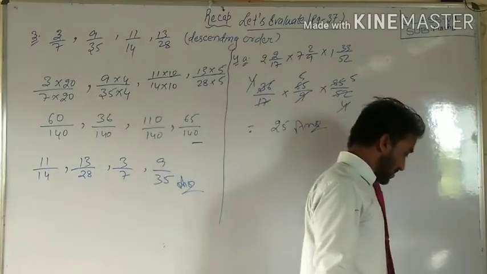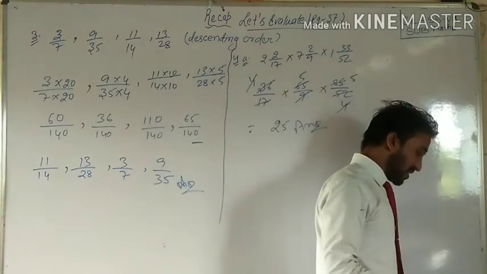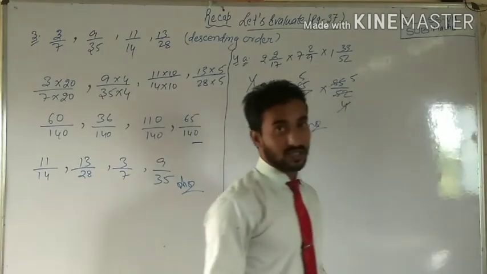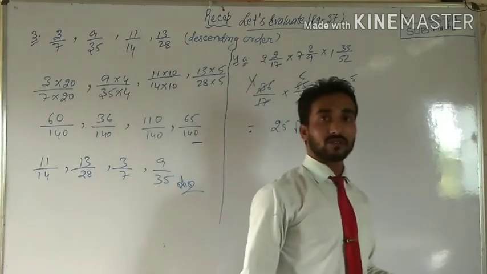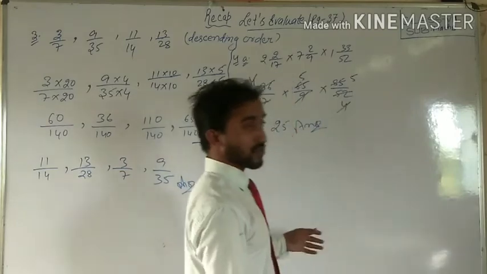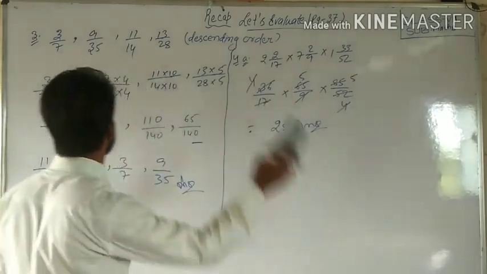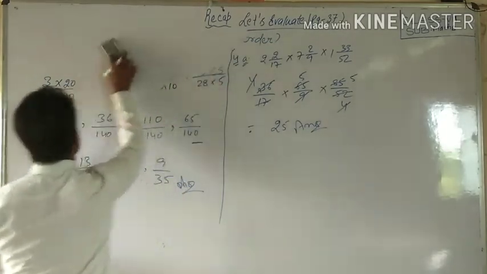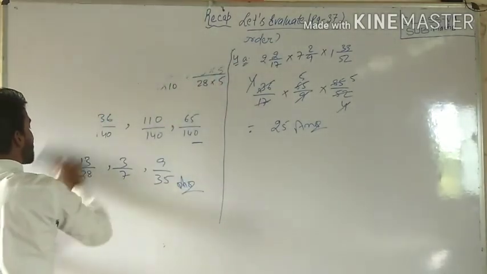Okay, see students, question number 5 I am sharing with you. Be careful, I will not dictate the question, I will only solve. So take out your textbook and see the question in your book. If anybody doesn't have the book, students, it's very important.